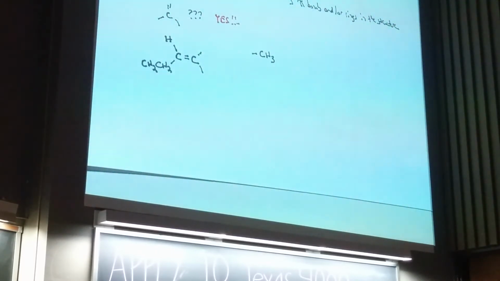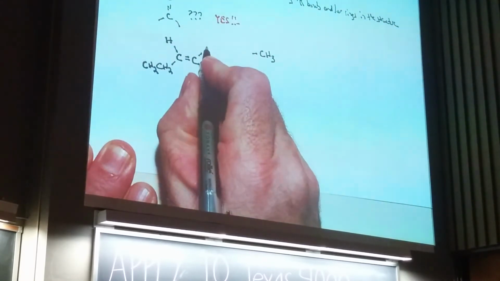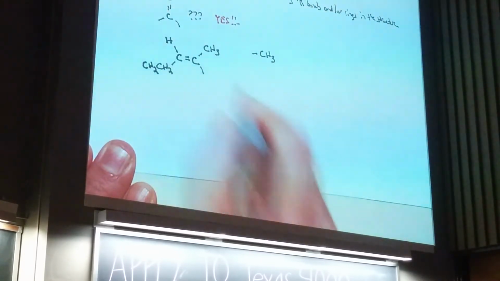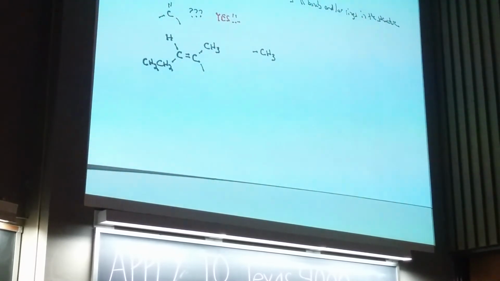Total of 3. If those coupling constants happen to be the same, then even though these 2 protons aren't equivalent to this one, it looks like we might have 4 lines in this signal. So we've got 1, 2, 3, 4, 5, 6. We just need to put this all together somehow. Well, maybe my CH3, I think I heard somebody say this, you've got to have a methyl group on one of those vinylic bonds.